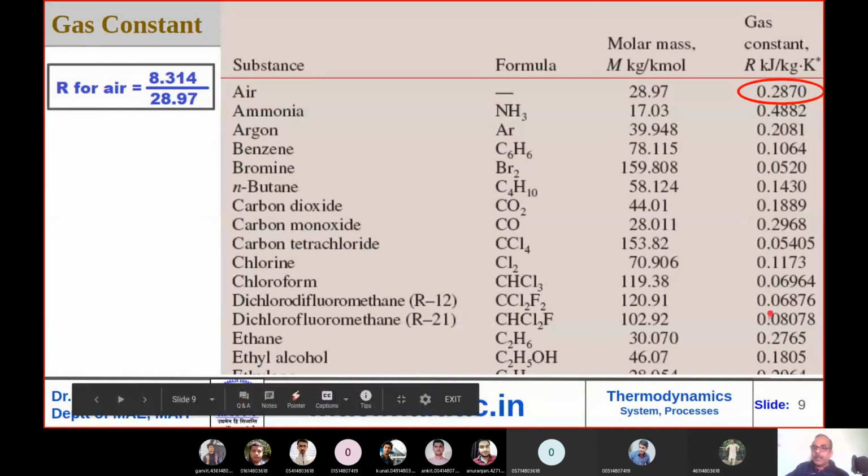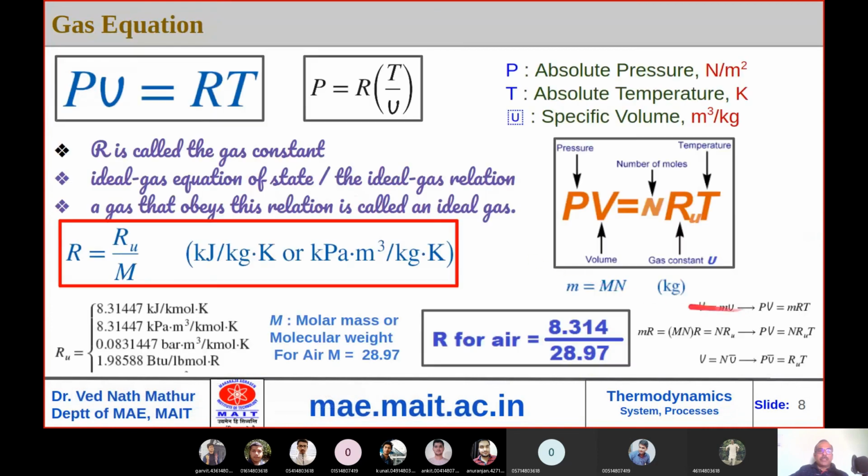So in thermodynamics, we mainly use this equation because P is in SI unit, Newton per meter square, and we consider v in meter cube per kg, or we write P capital V is equal to m into RT. So small v is capital V upon m, m is in kg. So PV is equal to mRT.